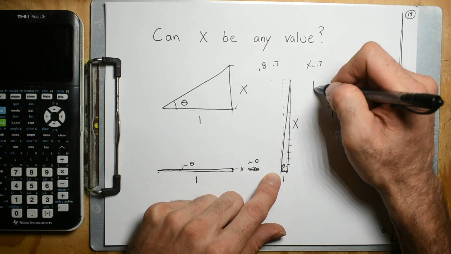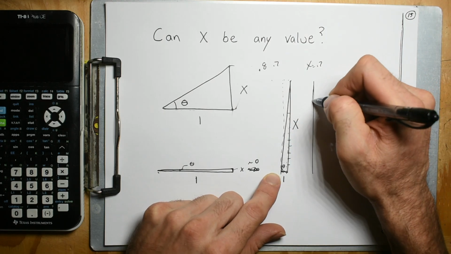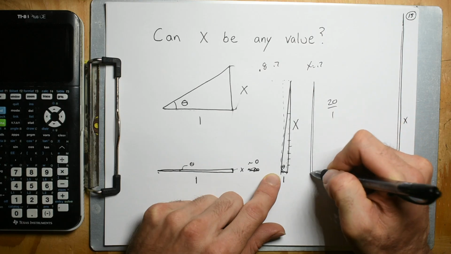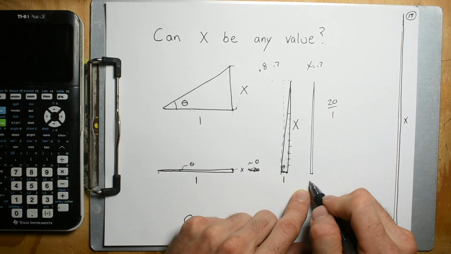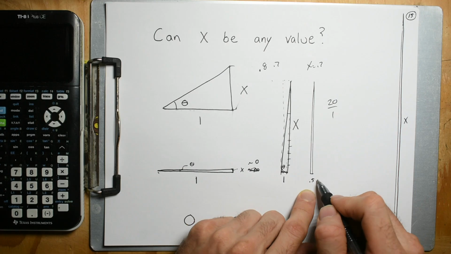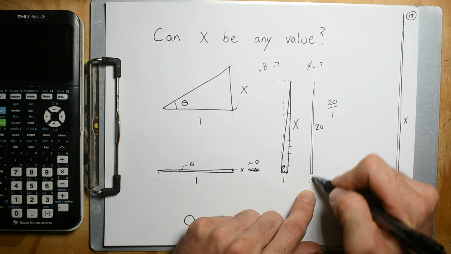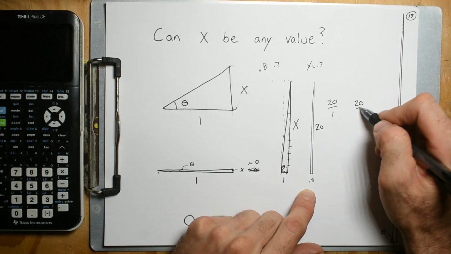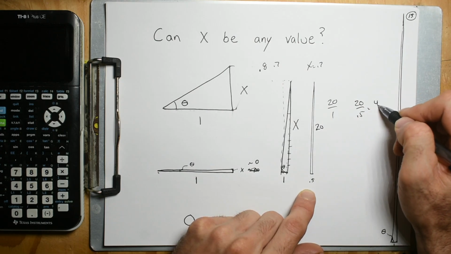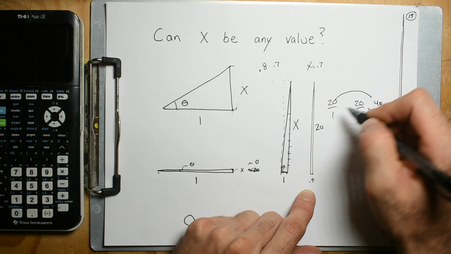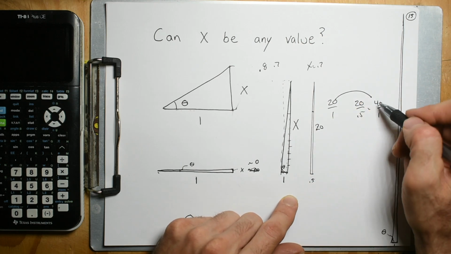If the angle is half, what does this become? This becomes 0.5. So if this was 20 and this is 0.5, now we have 20 divided by 0.5. That's 40 divided by 1. So we just halved this angle, and then we doubled it.